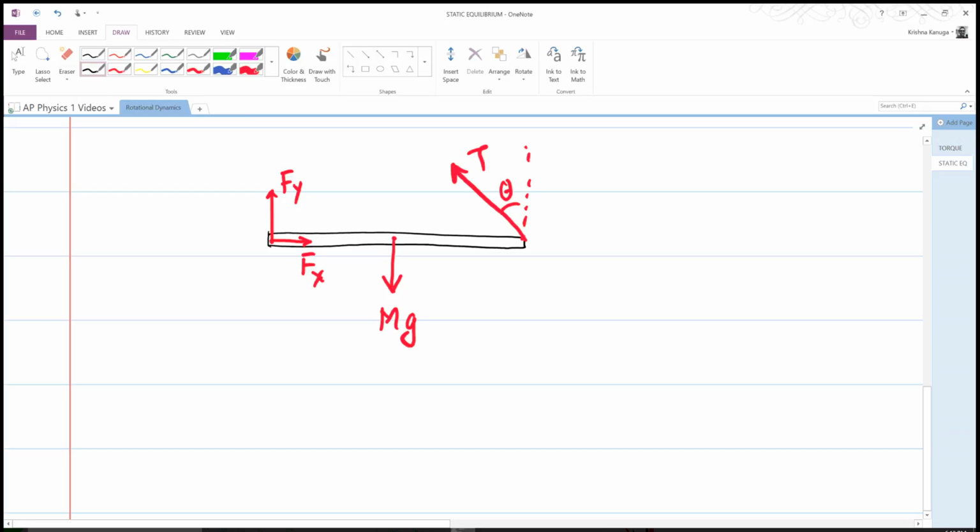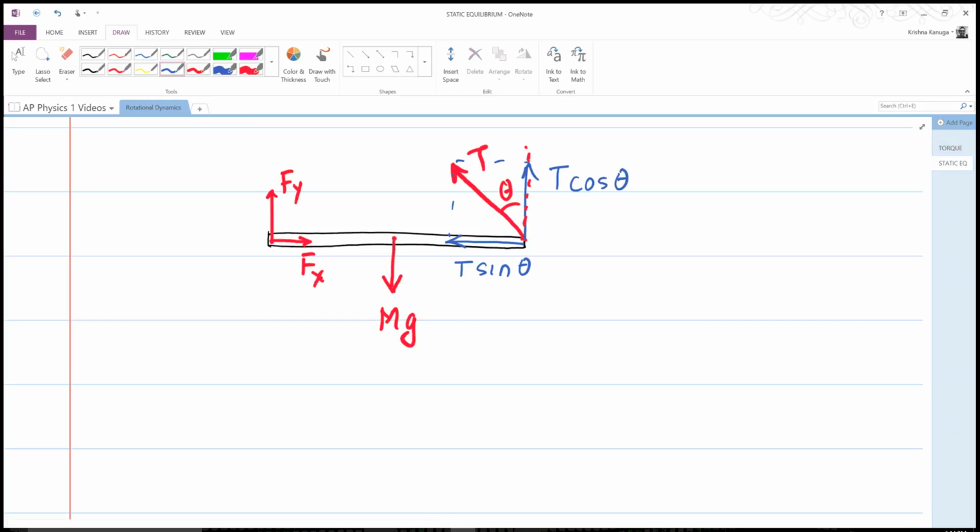What we'd like to do is break T into components, so let us find the horizontal and vertical components of T. If you notice the way the angle theta is given, the vertical component happens to be the adjacent side of the right angle triangle, and therefore the vertical component is T cosine of theta, and the horizontal component, which is the side opposite to the angle theta, ends up being equal to T sine of theta.